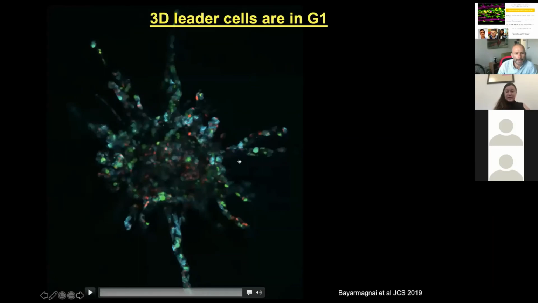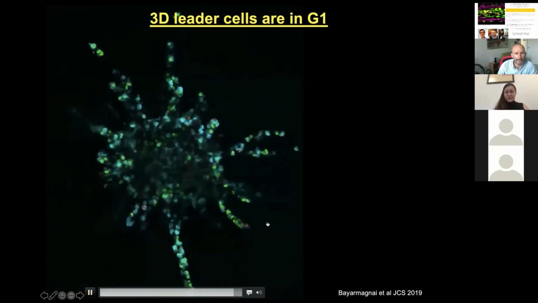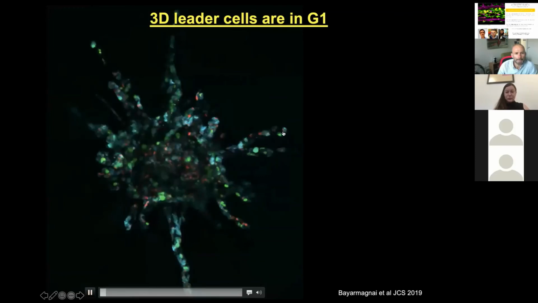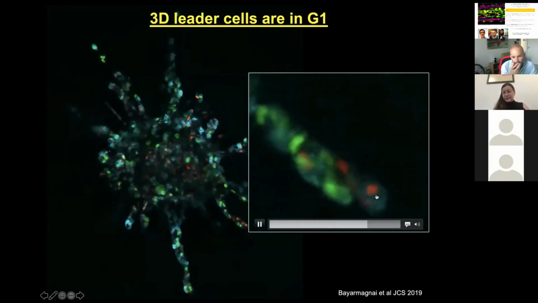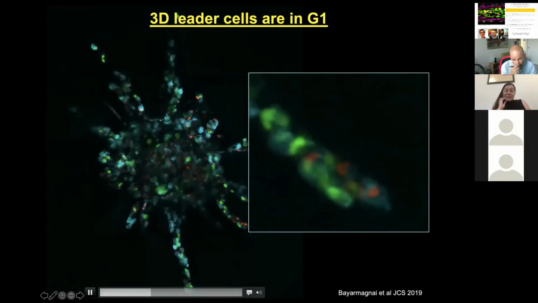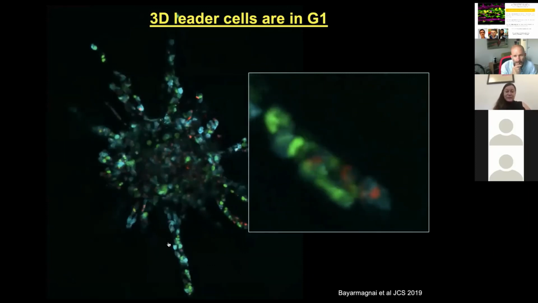And in the later stages of the spheroid invasion, so this is a spheroid that's like 3-4 days old, you can see invasive strands have grown a lot. When you zoom into the tip of the strand, the red cell is still leading. Now, that was the case in 80% of the spheroids, but not 100%.